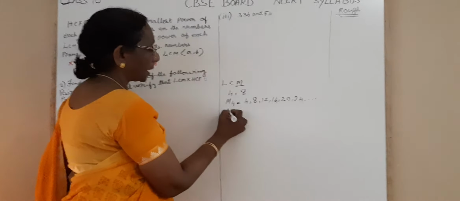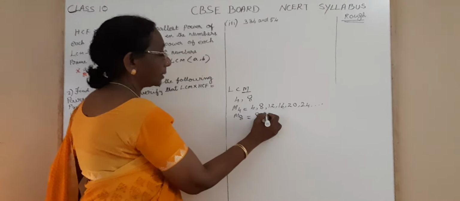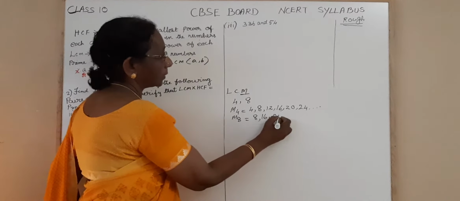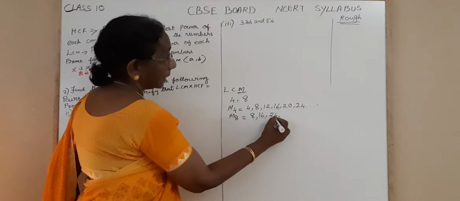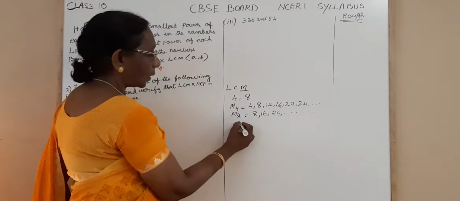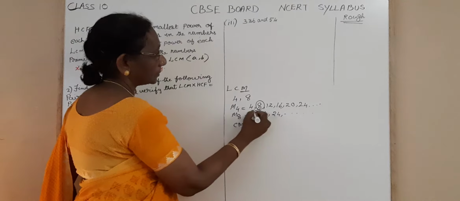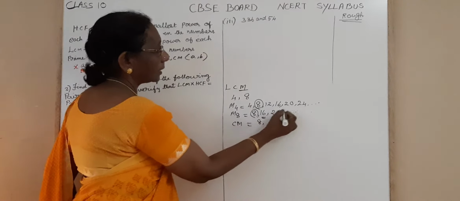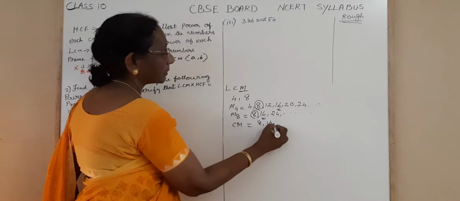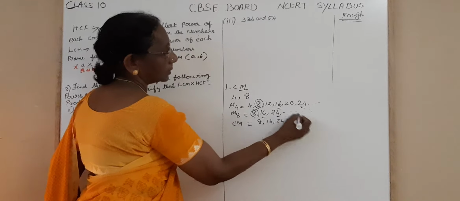Next, the multiples of 8: 8 ones are 8, 8 twos are 16, 8 threes are 24, and it goes on like this. Now let us write the common multiples. What are the common multiples? 8, then 16, then 24, and it goes on like this.